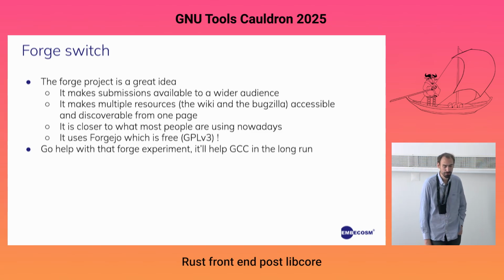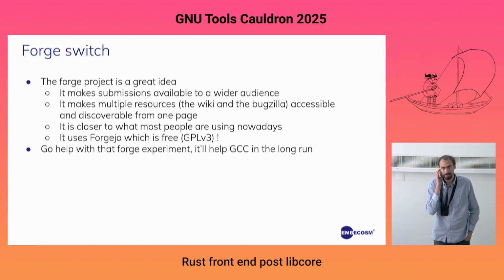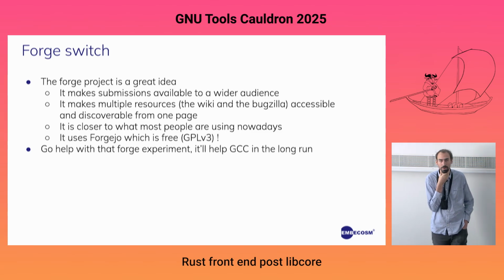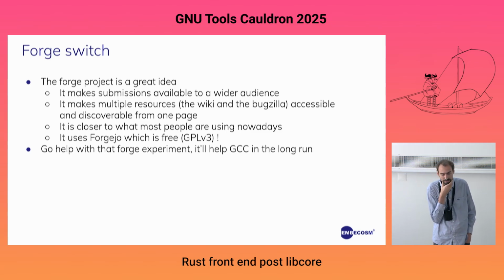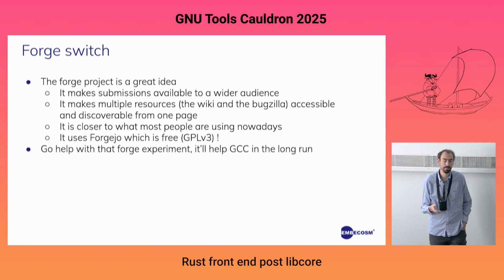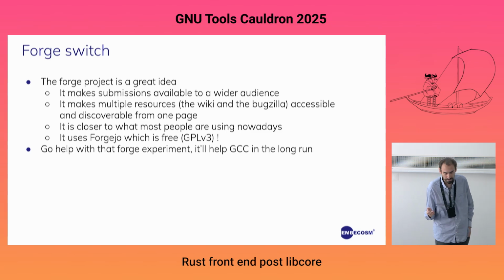So the Forge project is a great idea, and basically, if some people here don't know it, it allows people to make submissions from bots within a web interface, and it greatly simplifies the submission process. Something that is great also is that everything is discoverable from the front page.